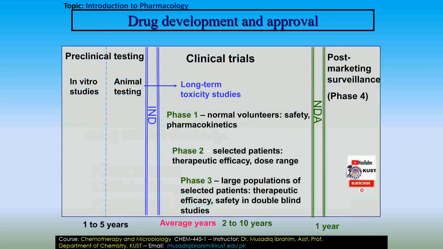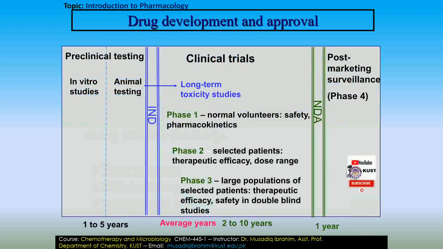Mostly the drug which is soluble in water is preferred over those drugs which are non-polar and not soluble in water, because the reaching of the drug to the site of infection is difficult for drugs which have difficulty in solubility in water.